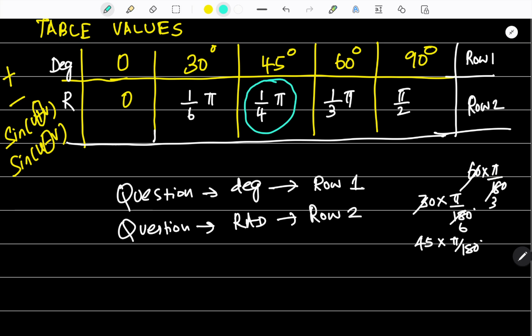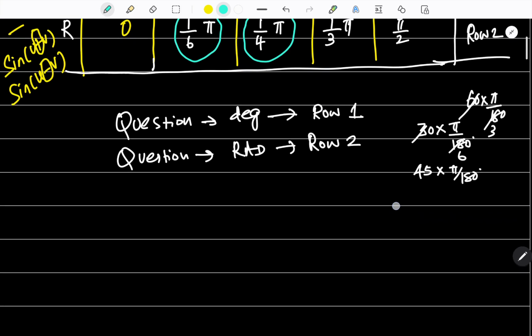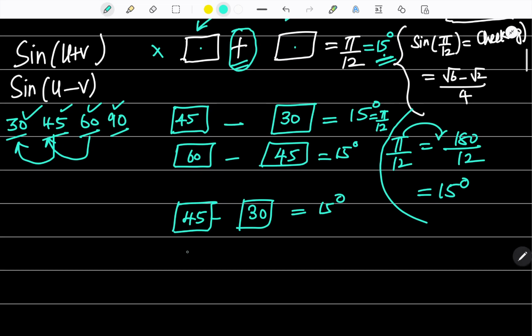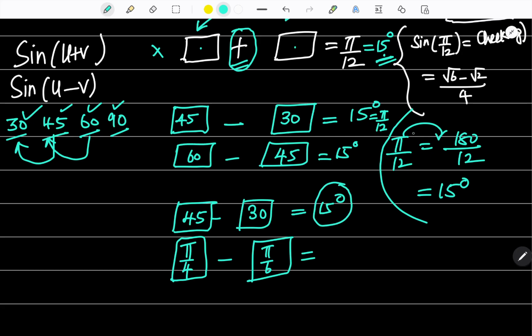And what is my next degree? 30, which is 1 by 6 pi, which is pi over 6. So 45 is 1 by 4 pi, which is pi by 4, and then minus 30 degree, pi over 6, which is equal to 15 degree, which is pi over 12.